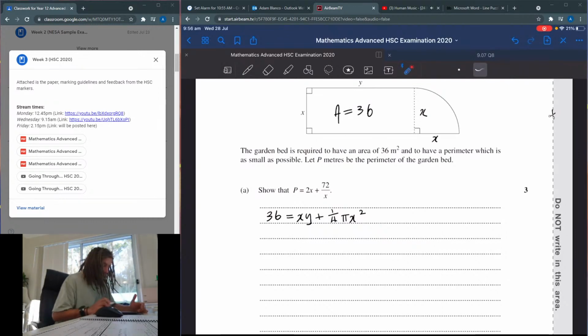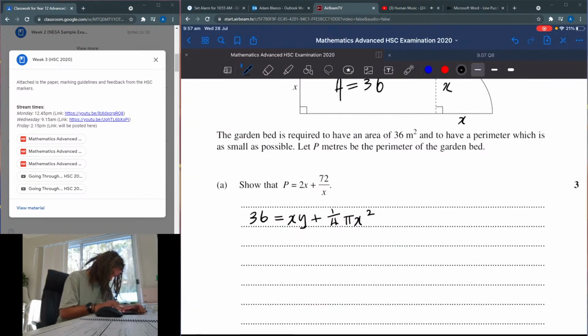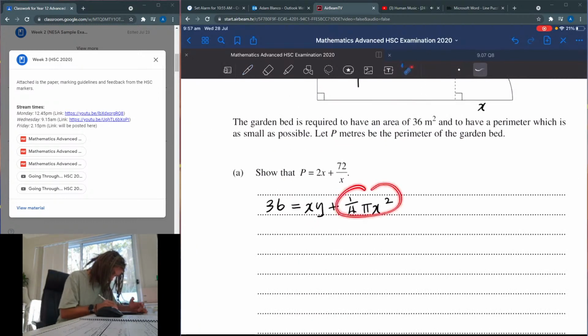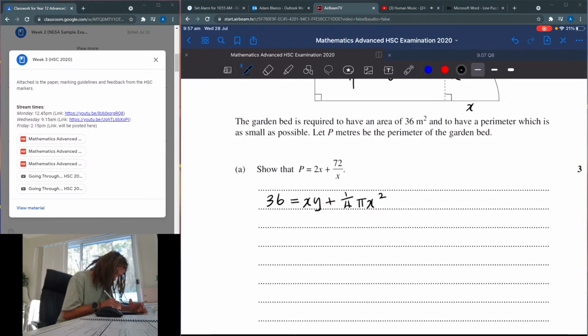Now, because we've used x and y, for it to make logical sense in your head, rearrange this for y like any function. So what am I going to have to move? I'm going to have to move everything. I don't get y by itself. I'm going to move that and then divide by x. So 1/4 pi x squared plus 36 equals xy.